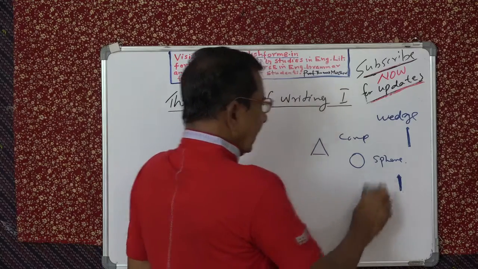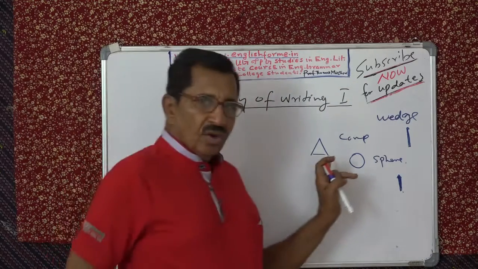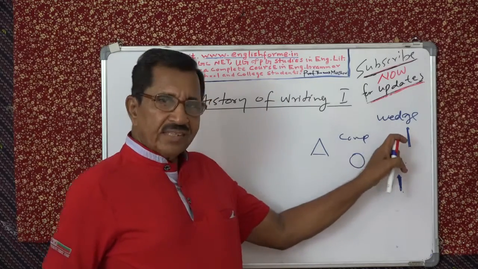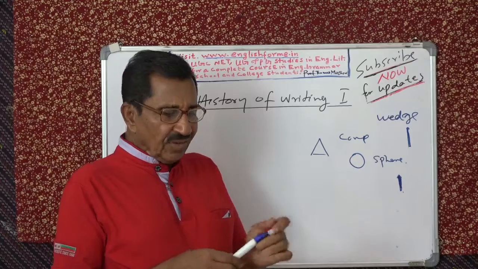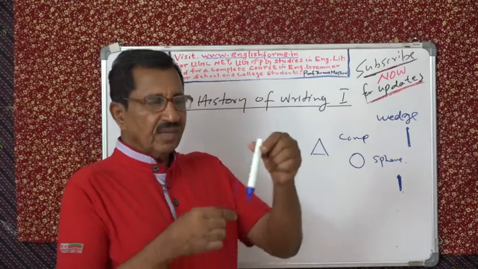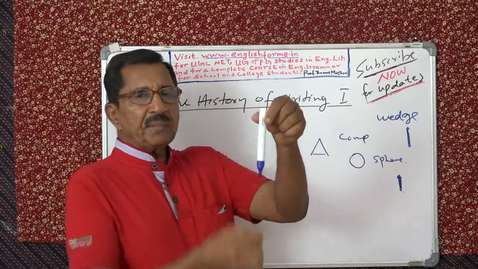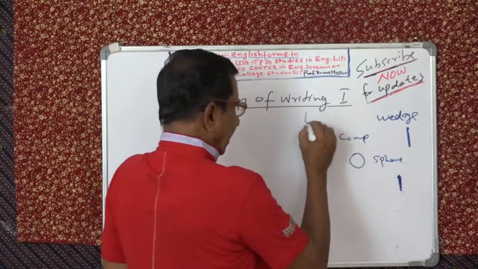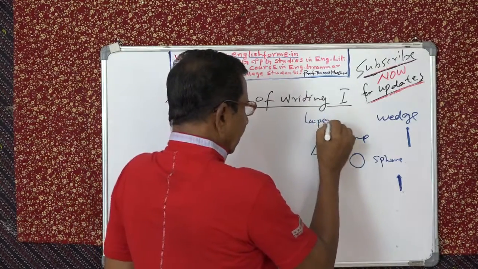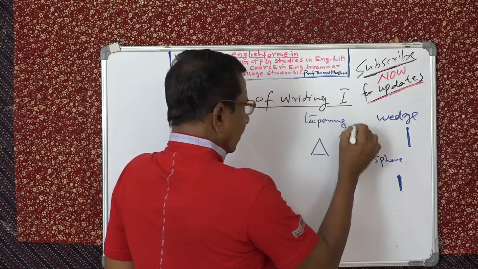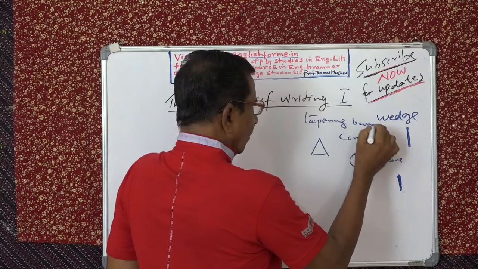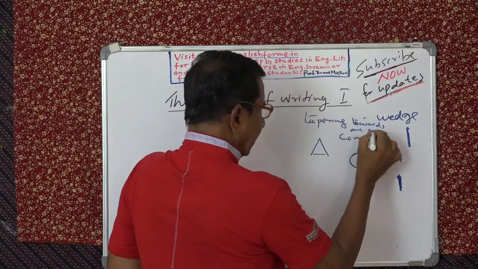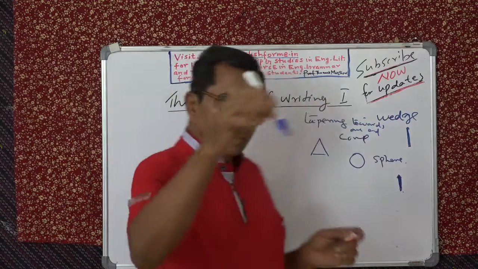Now you see in English we have got cone shape, sphere shape, wedge shape. The exact wedge is this one, a solid thing but tapering towards one end.